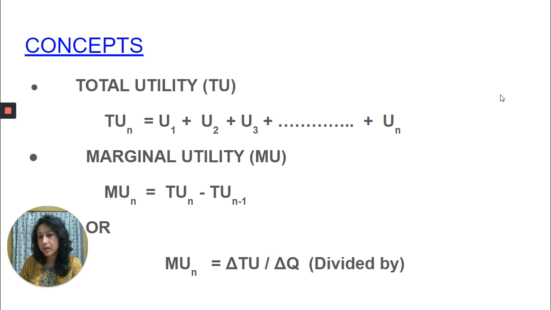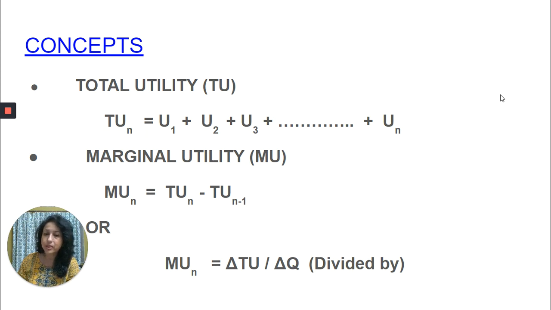Did you understand? Total utility means the summation of satisfaction you get from all the items consumed at one go, and marginal utility is the satisfaction you get from the last, additional unit consumed. There is also an alternative formula for marginal utility: change in total utility divided by change in total units consumed.